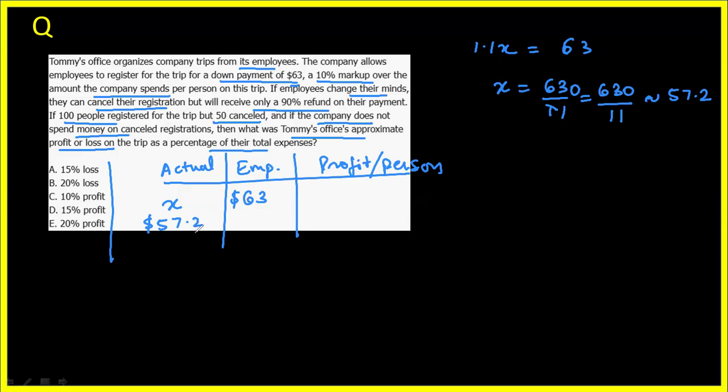The profit is 63 minus this value, 63 minus 57.2, so that is 5.8. Got this?